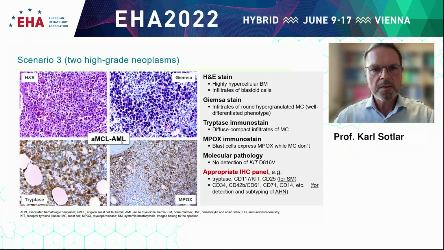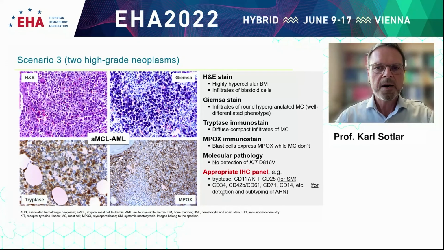So taken together, please be aware that at least 25% of SM cases don't present with compact mast cell infiltrates. And please take home this message that we highly recommend to use a panel of immunohistochemical markers to detect mast cells. This is tryptase, CD117, and CD25.